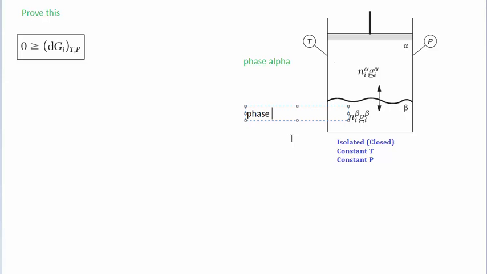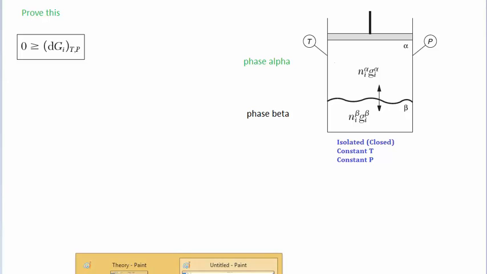Same thing here, we have phase beta. And we have some number of moles n, and they have their own intensive Gibbs energy. So really, nG here represents the entire Gibbs energy that's present in this phase, and the entire Gibbs energy that's present in this phase.